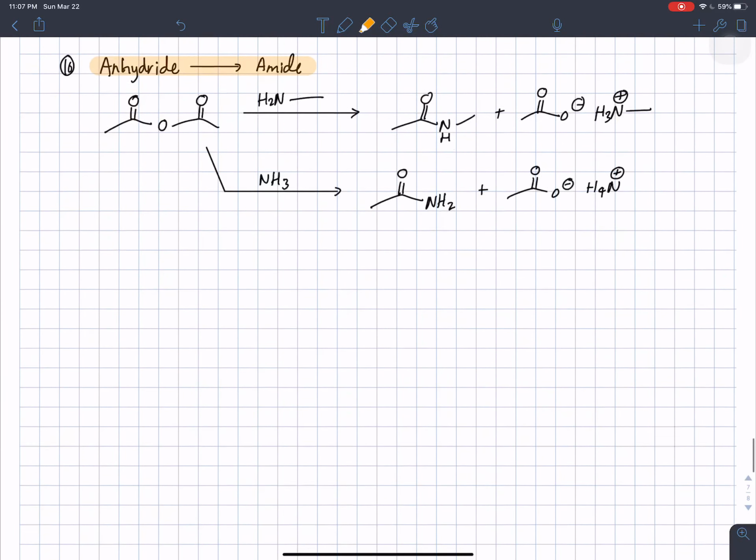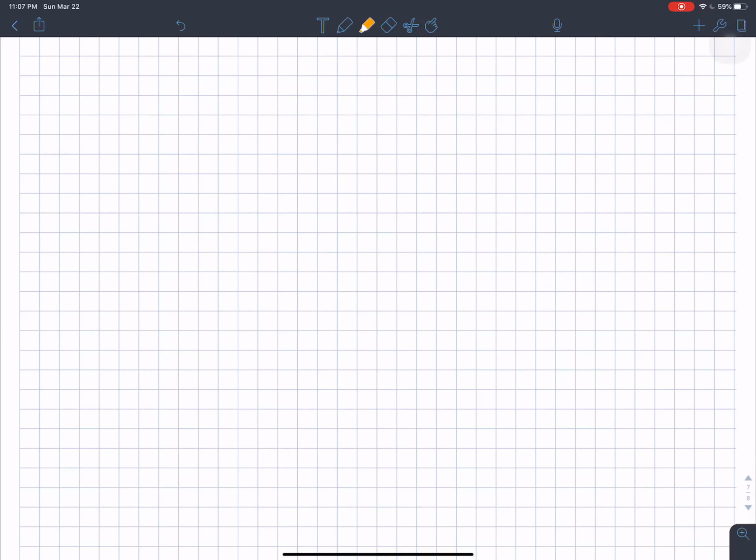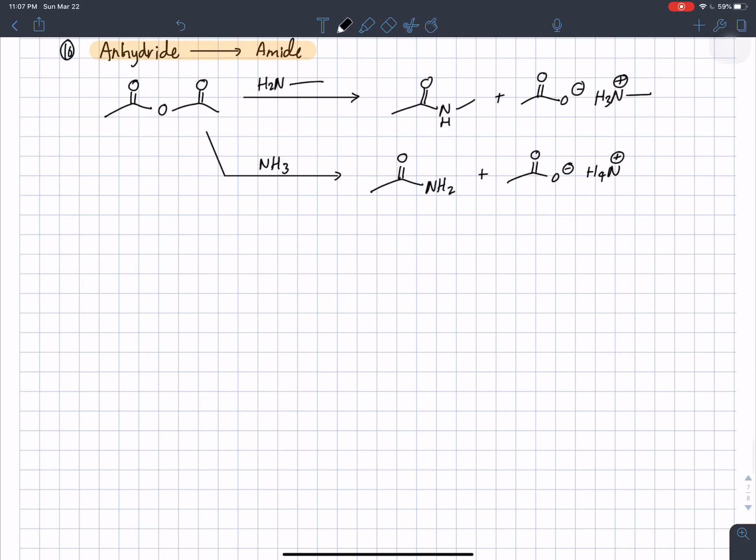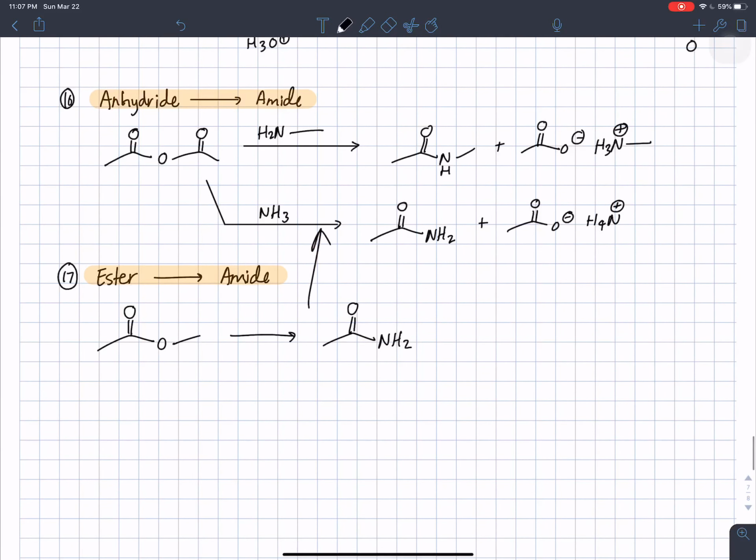And then we have esters to amide. So number 17 is ester to amide. If you have an ester, you can turn it into an amide by, again, just like before, using NH3 or whatever R group you want on it.